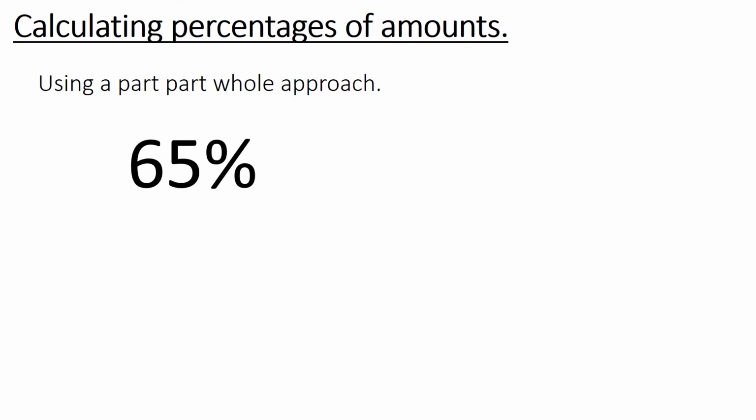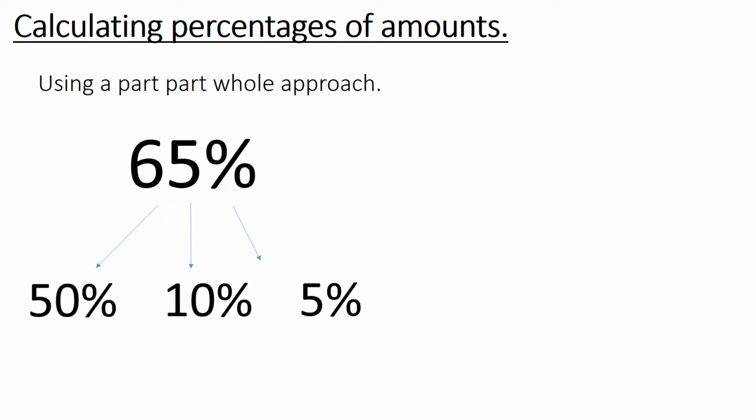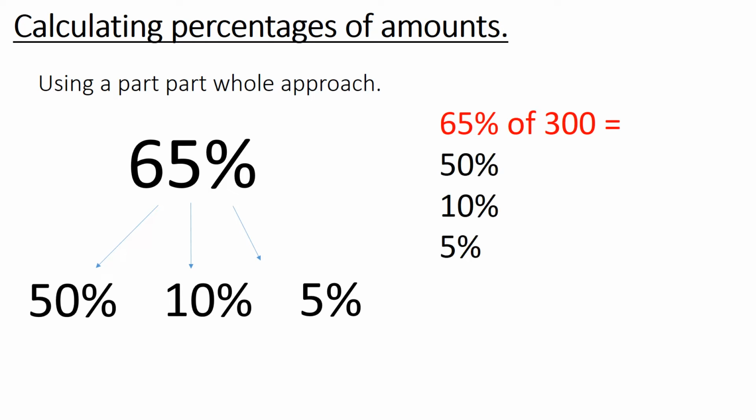We can also use a part-whole approach, and we can just write this down in a different way. We can partition this number into 50, 10 and 5. To find 50%, you would divide your number by 2. So if we needed to find 65% of 300, divide by 2 to find 50%, which is 150.